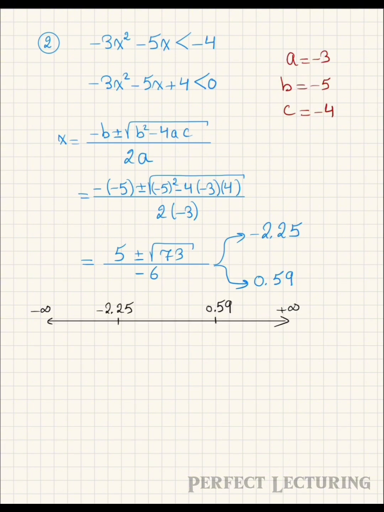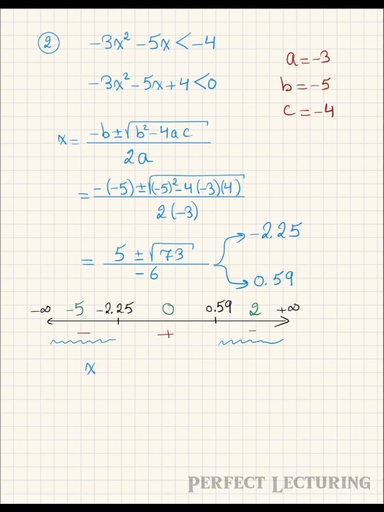We now choose the test values. So let's pick -5 here, 0 here, and let's say 2 here. We plug in these values into this trinomial and we obtain the following signs: minus, plus, and minus. We have a less sign, which means we have to choose the negative regions. That's the first region and that's the second.